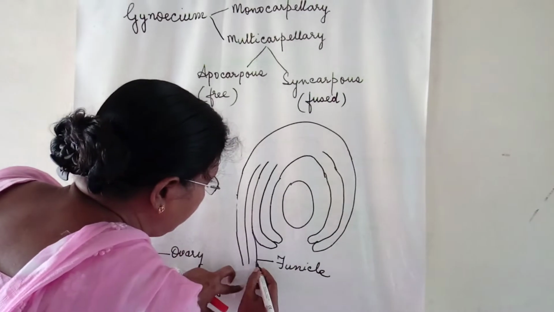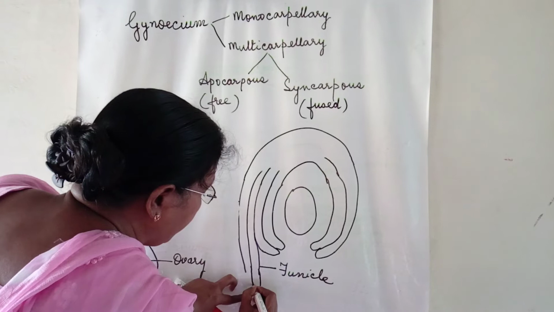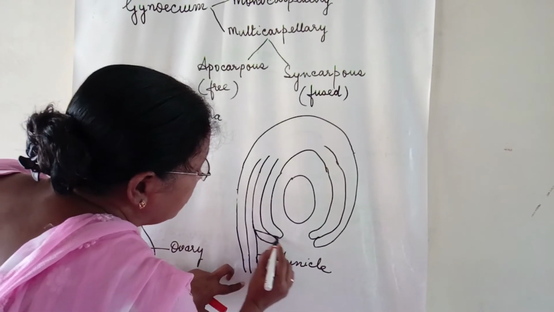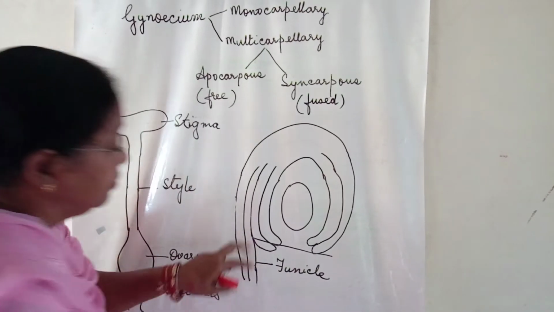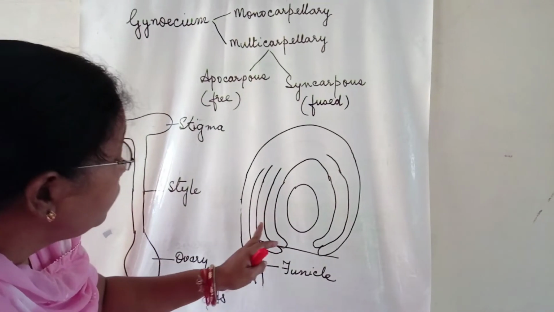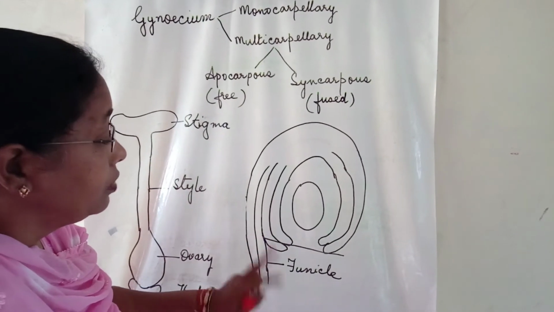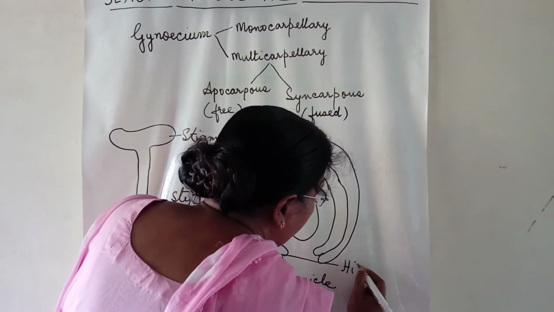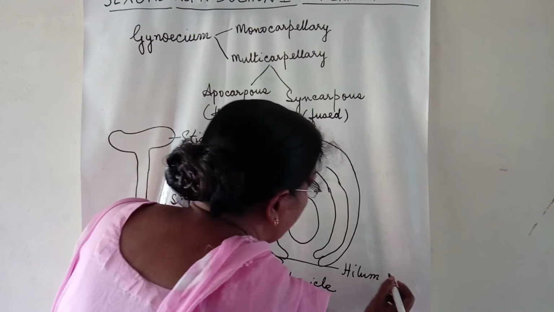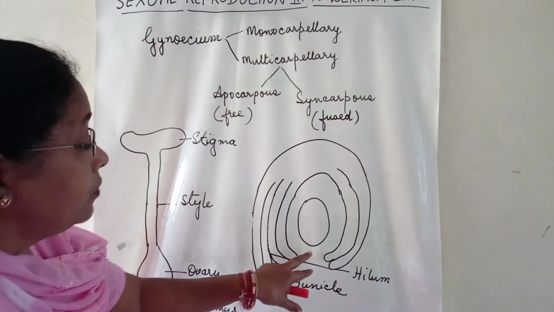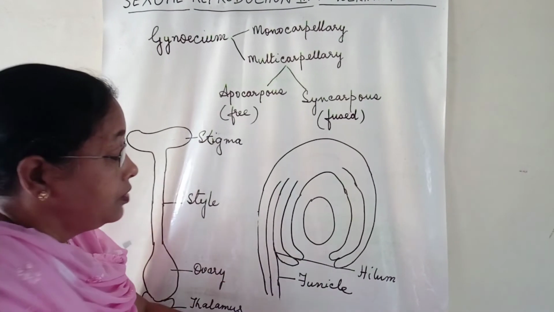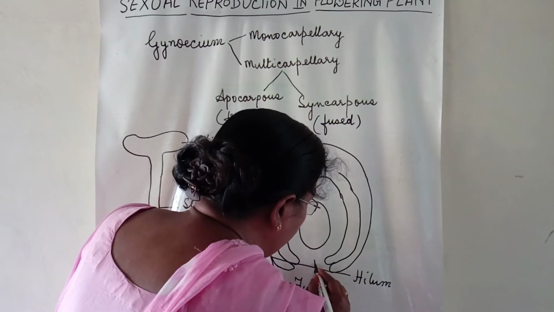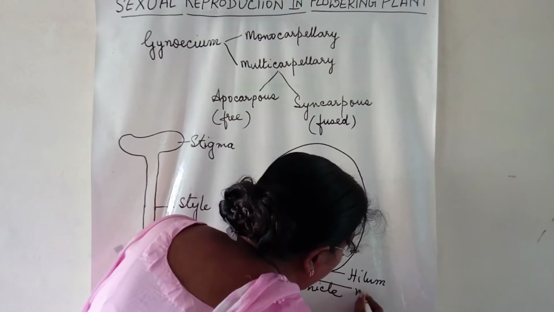The region in which the ovule is attached to the funicle is known as hilum. Now this is the micropylar end. This is micropyle.